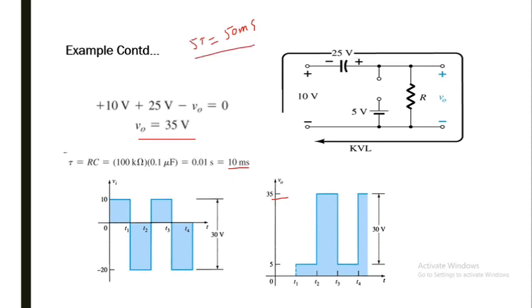We are calculating this discharge time to show that the capacitor will hold this 25 volt for this time, that is T2 to T3. This is actually a half cycle of input signal.